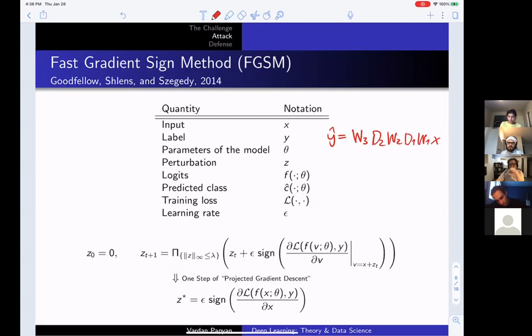This is an example of a network where the D's are diagonal matrices due to the ReLUs, and the W's are the fully connected weight matrices, with no biases for simplicity. Can anyone tell me what would be, in this case, the derivative of the loss with respect to x? I should also define the loss: the loss is equal to one half of the squared norm of y hat minus y.